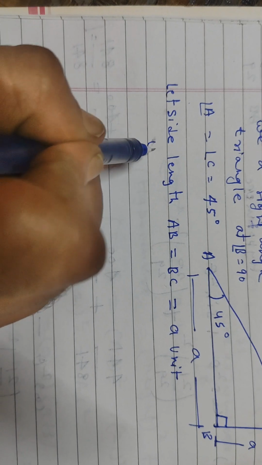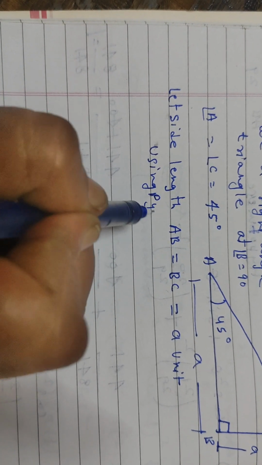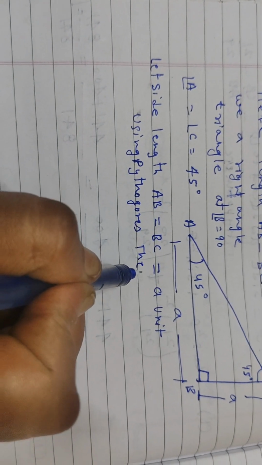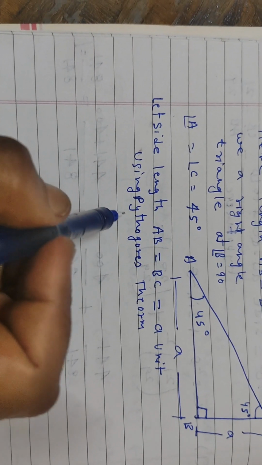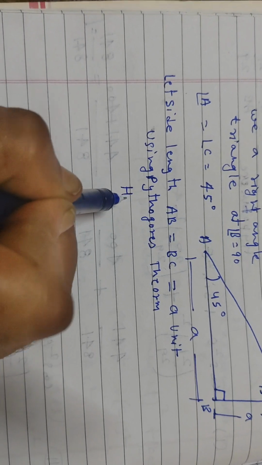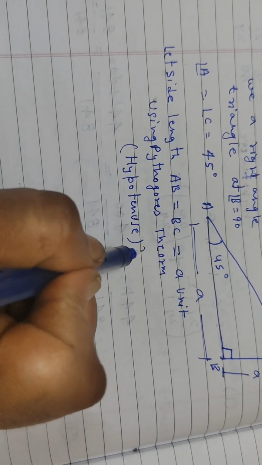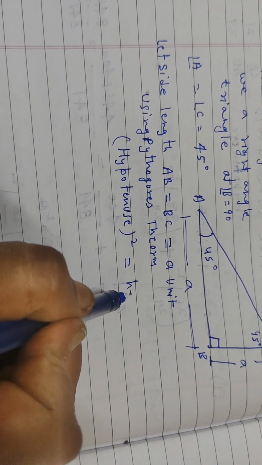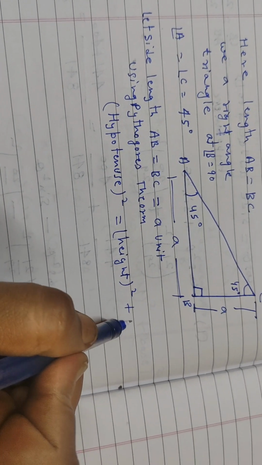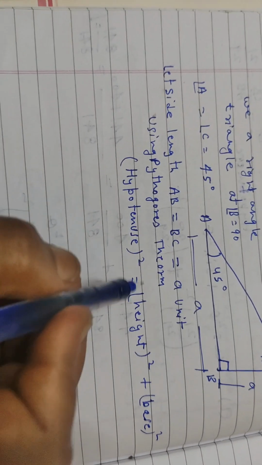Using Pythagoras theorem, hypotenuse square is equal to height square plus base square.